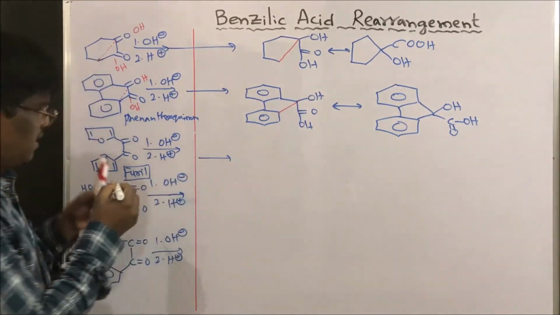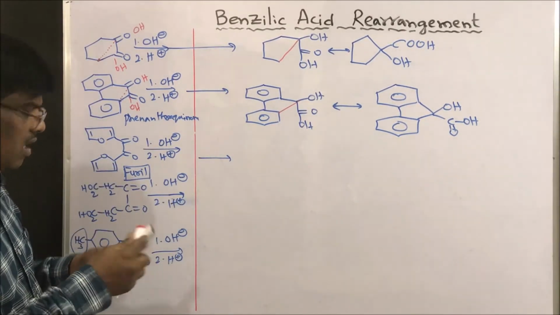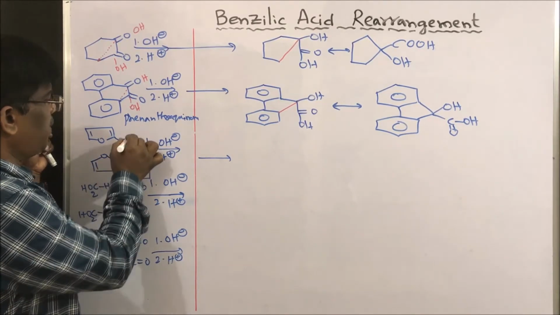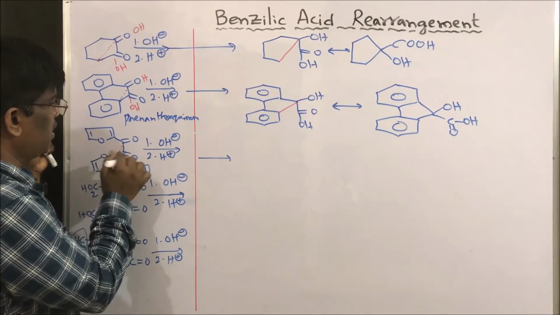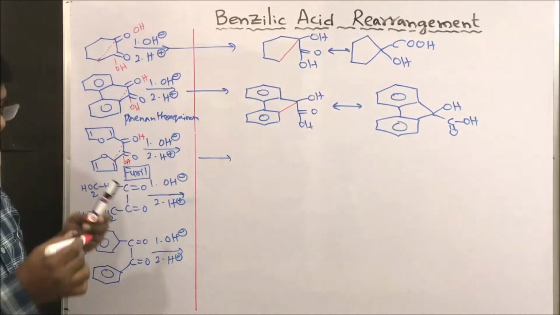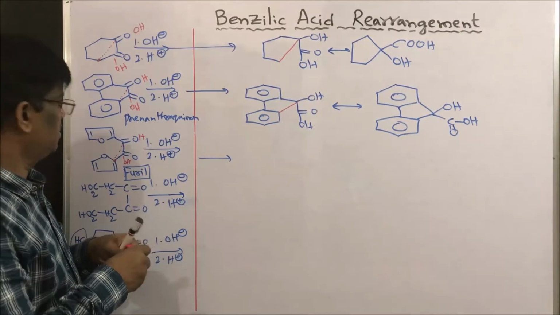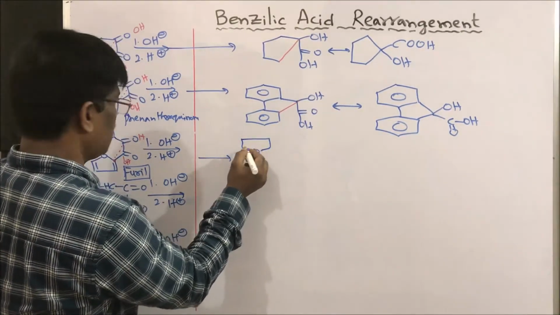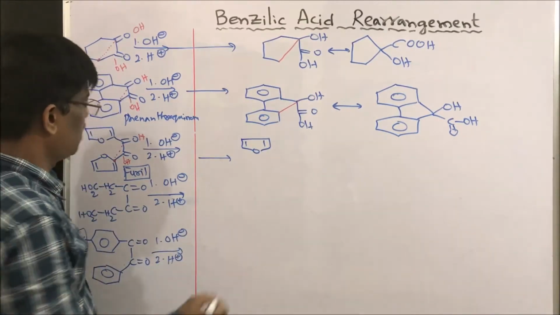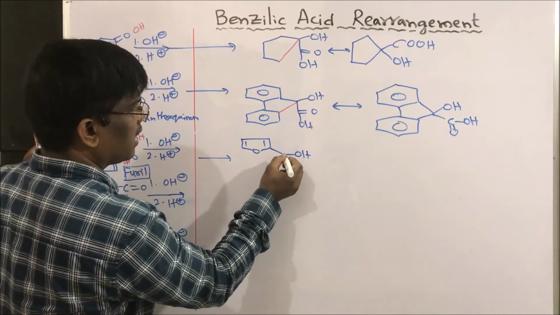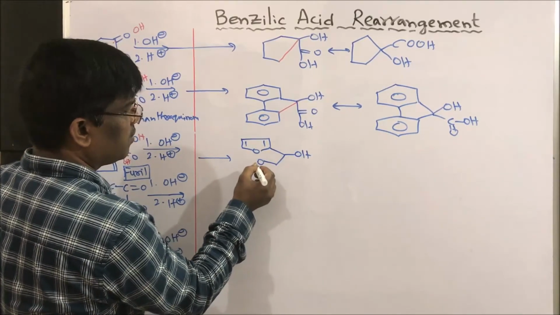What happens? Here also, make the bond, and here break the bond and make it as here OH and this hydrogen. So let us write, furan is here, same furan, I'm not going to disturb. And here an OH, and here furan will be there.